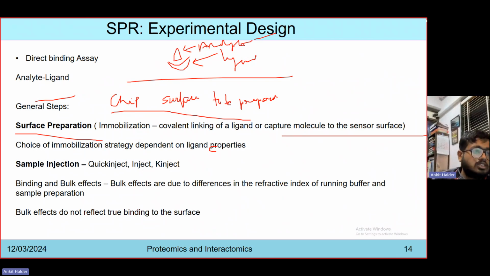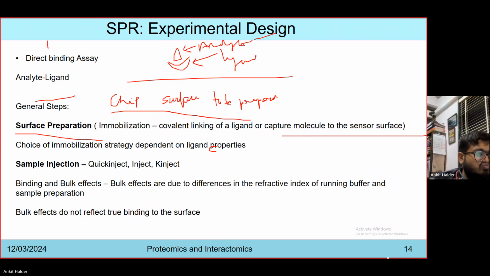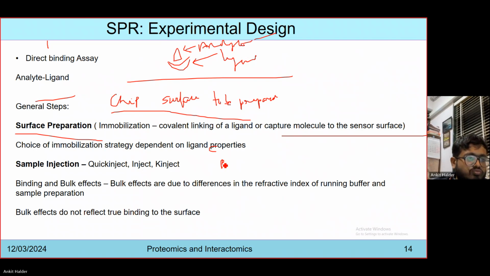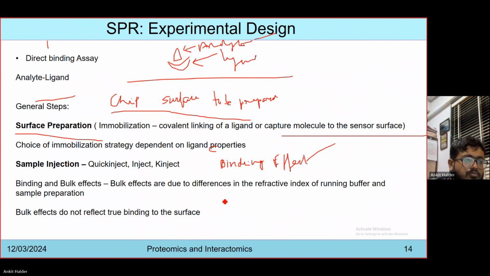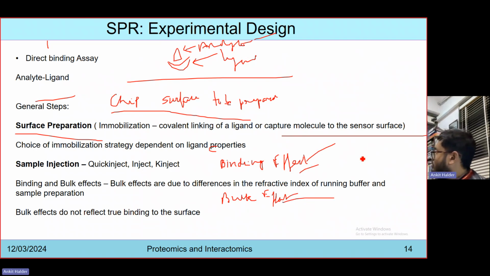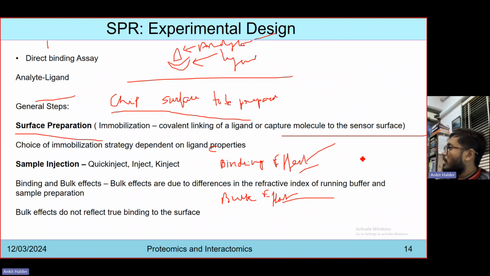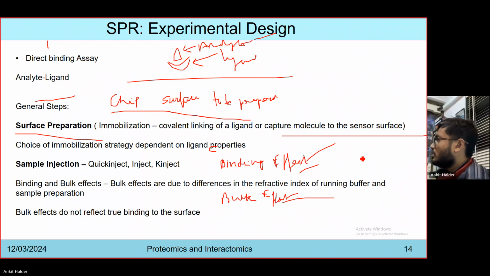One is the binding effect and the other is the bulk effect.